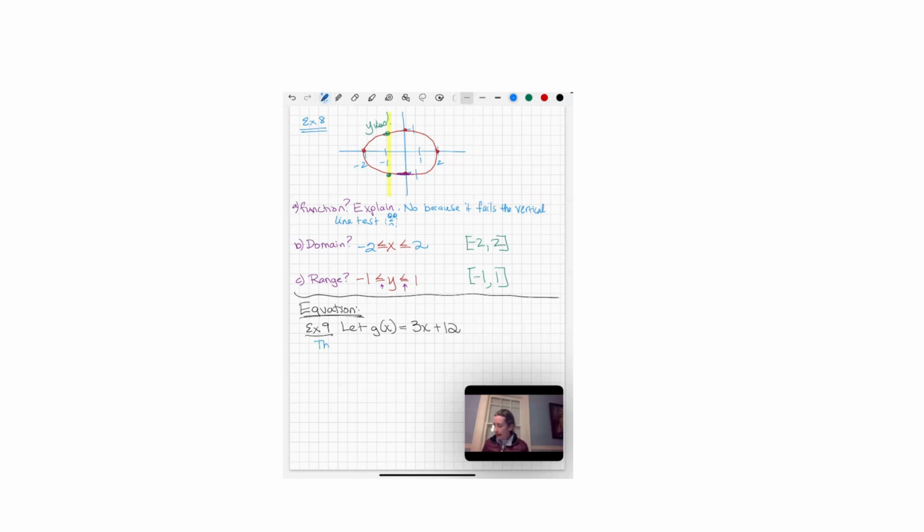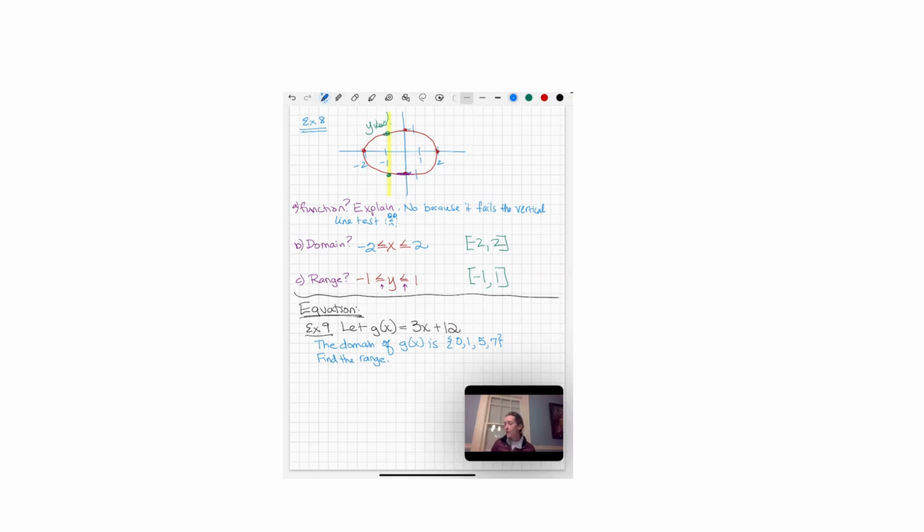So the domain of g of x is curly bracket 0, 1, 5, and 7. I'm going to tell you the domain, and I'm going to ask you to please find the range, for the outputs.